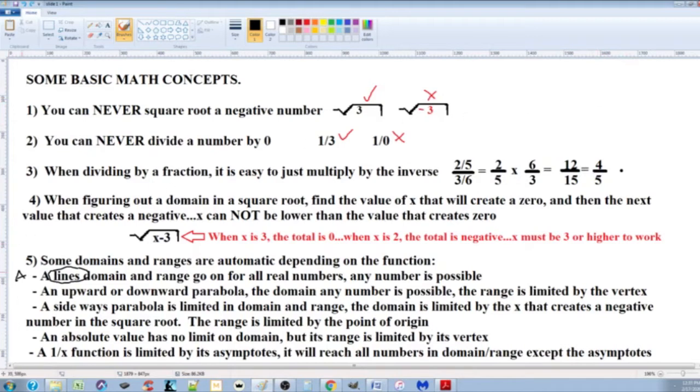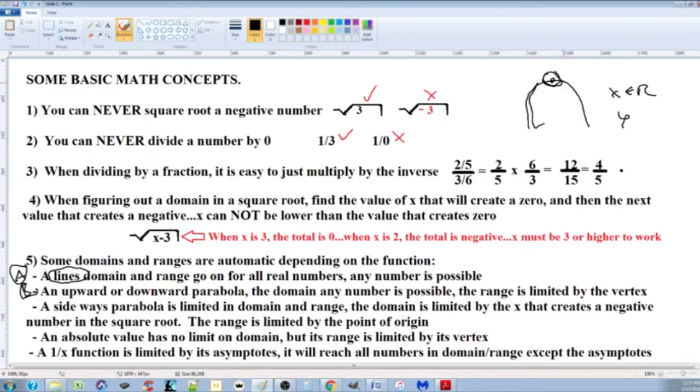So that's the next step to look at over here. Is B an upward or downward parabola? Well, they're easy to figure out. Let's take a downward parabola. The x domains can be anything. X goes on forever and ever in either direction. Easy to figure out. Y is limited by the vertex.